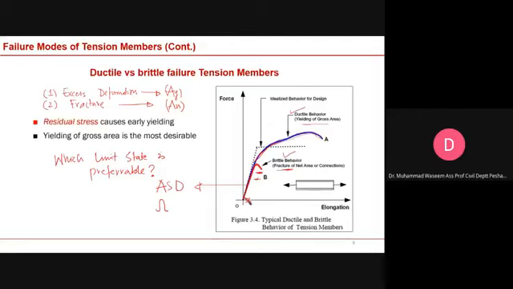Another important thing is residual stresses. Residual stresses also cause early yielding. What are residual stresses? They are the stresses induced in hot rolled members in the manufacturing process. Due to the geometry of the member, for example a wide flange or W section, the tips will cool fast because they are hot rolled.